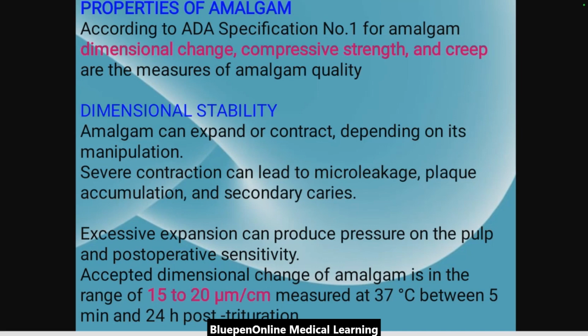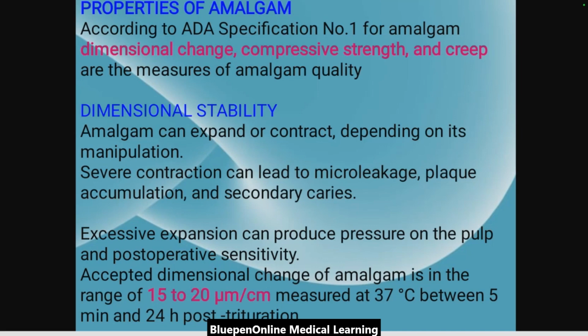The caries which form in the tooth are called primary caries. When the caries form under any restoration, those are called secondary caries. So when caries occur below this dental amalgam restoration, these are called secondary caries, and this is because contraction occurred and microleakage happened.